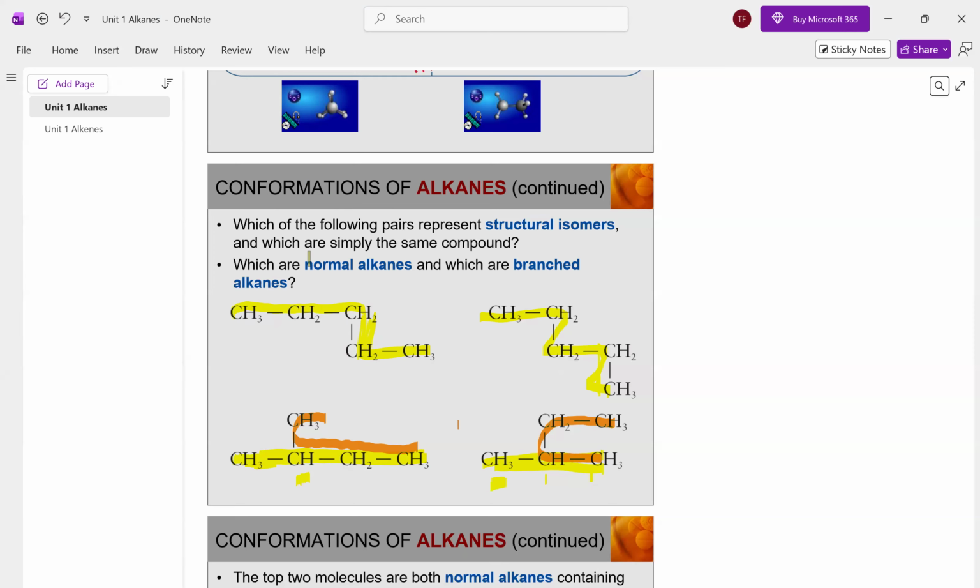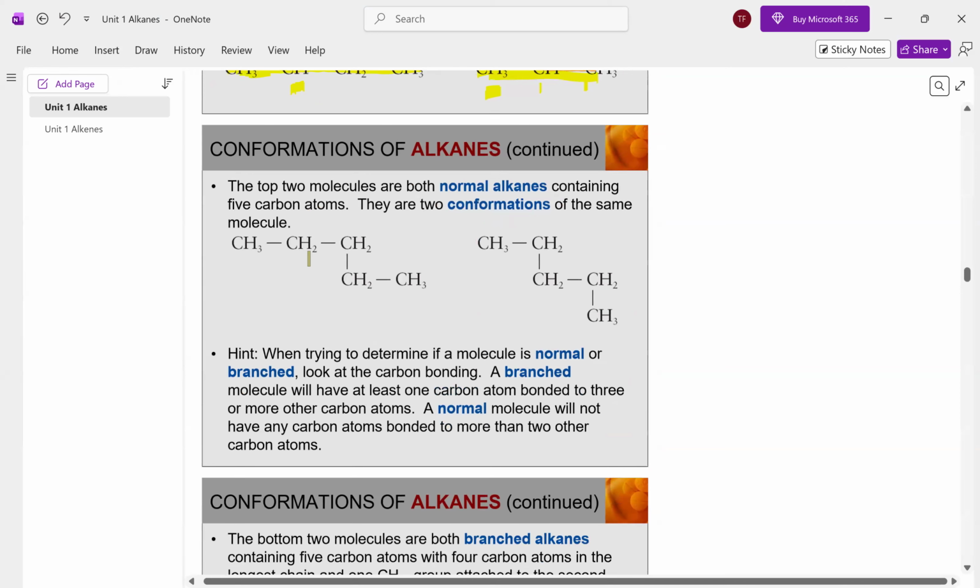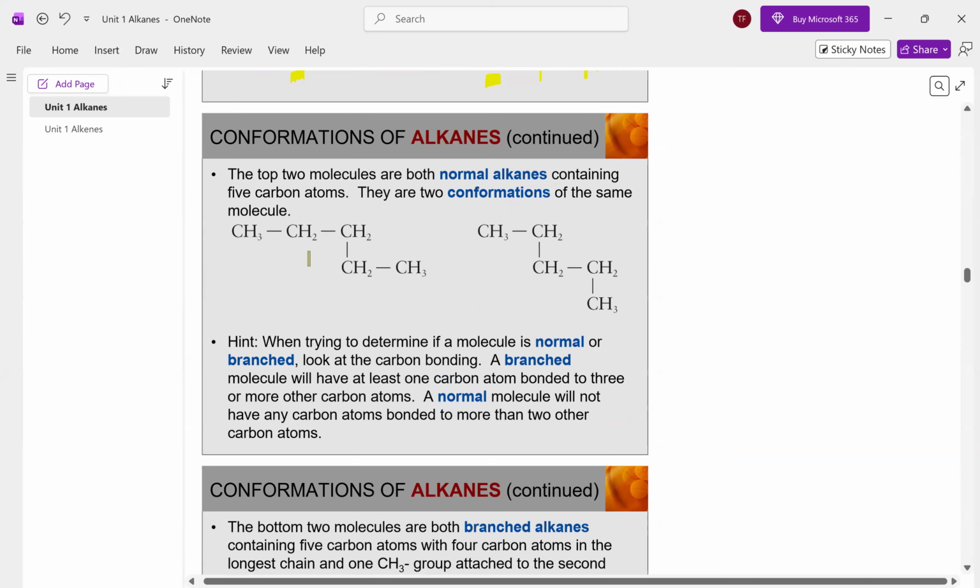Okay, so all these have 5 carbons and 12 hydrogens, but they aren't the same. Like these two, same thing. No branches, 5-carbon backbones. They just twisted. And you have to keep this in mind when you're figuring out how to name this stuff.